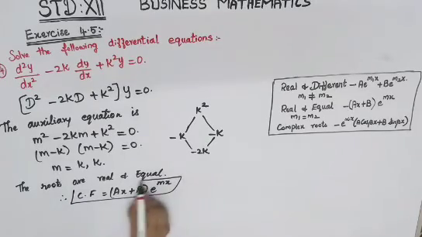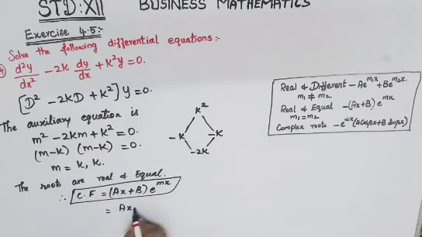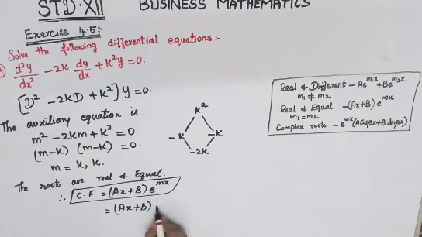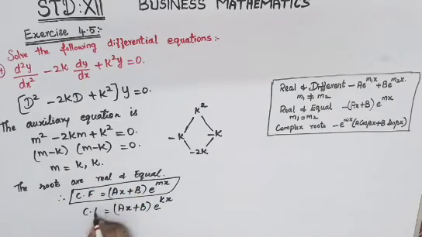So this is your CF formula. Just substitute m here. Okay, so it is ax plus b into e power m is k, so kx. So that will become your CF.